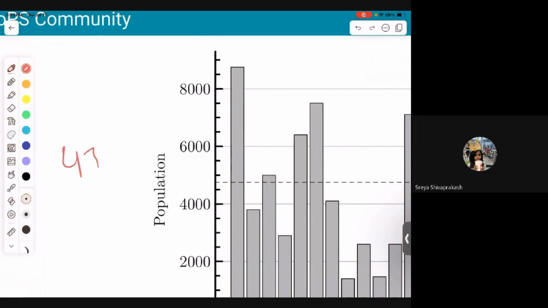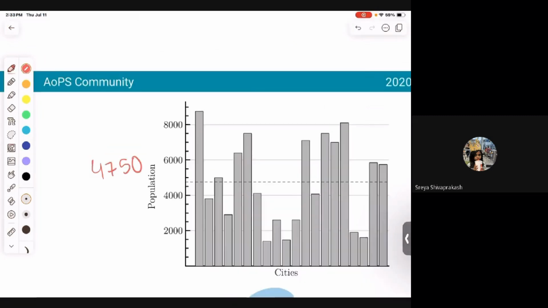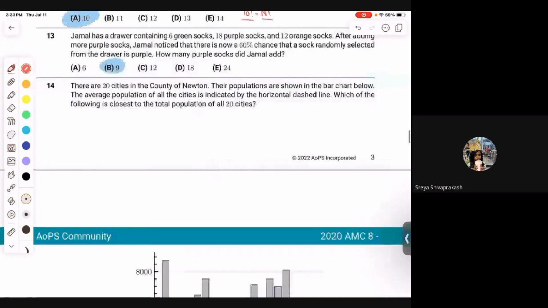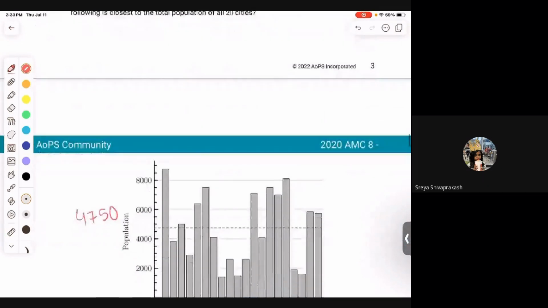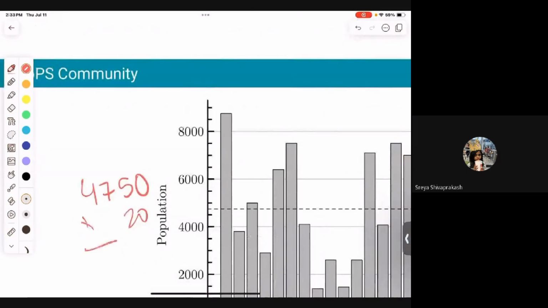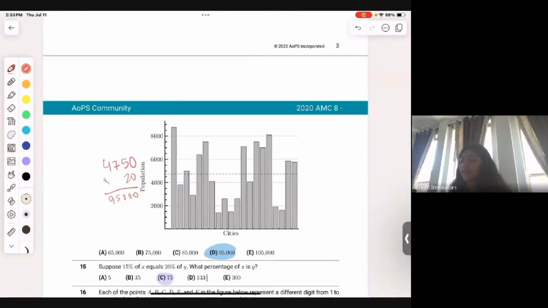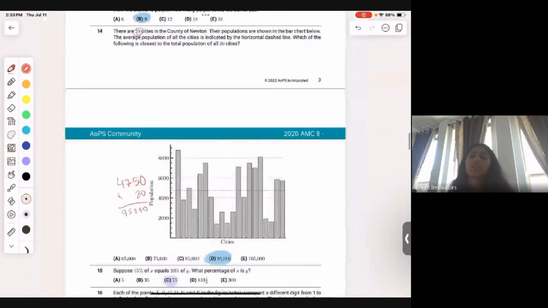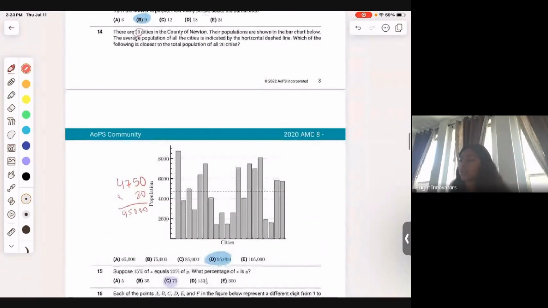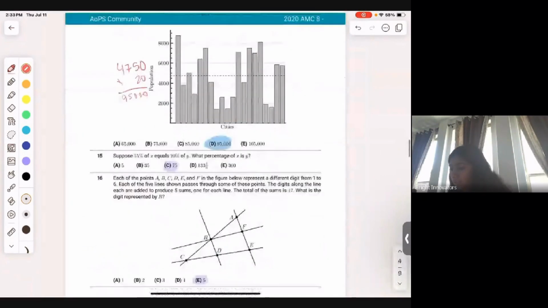Then you multiply that by 20, and you get D, which is 95,000. Okay, that's right. So you just find the average and multiply by how many cities there are, so you get the total amount of all of the populations.